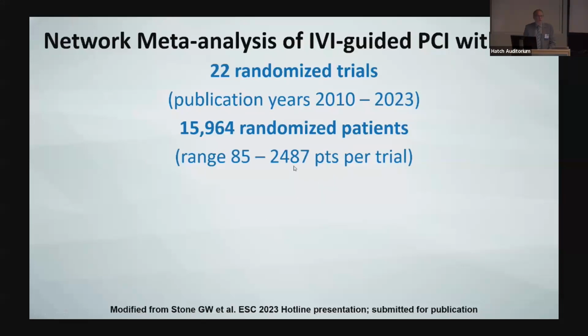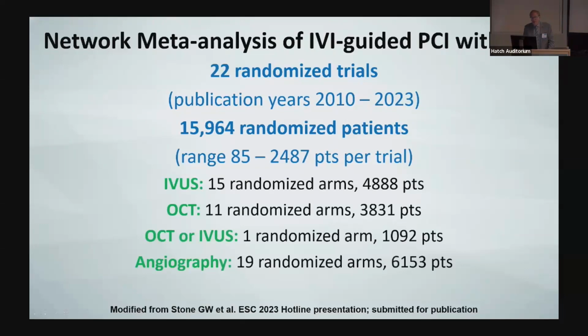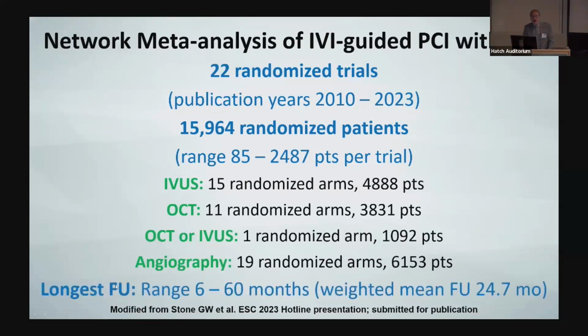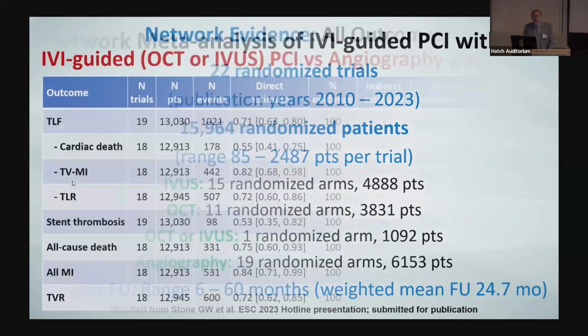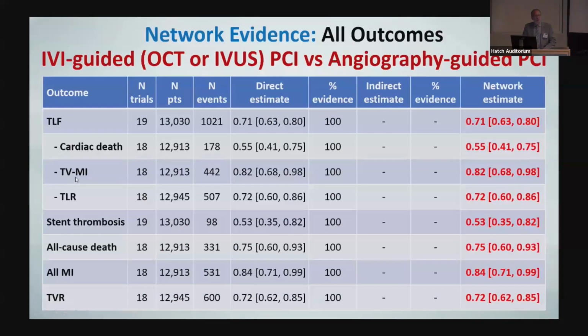That was our most recent Illumien IV trial. This shows you the number of patients in the 4 different types of arms, and the longest follow-up ranged from 6 to 60 months, a little more than 2 years. And we've submitted this data now for publication in a leading medical journal.